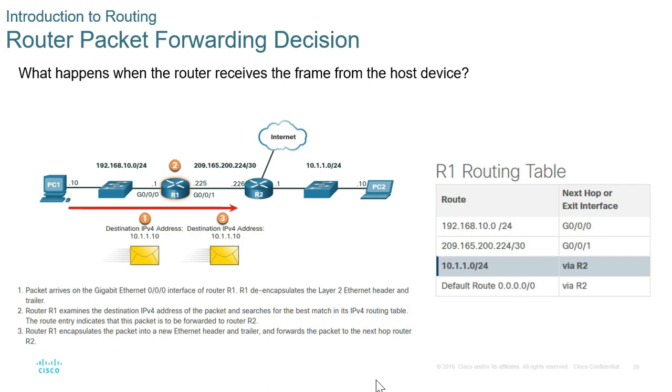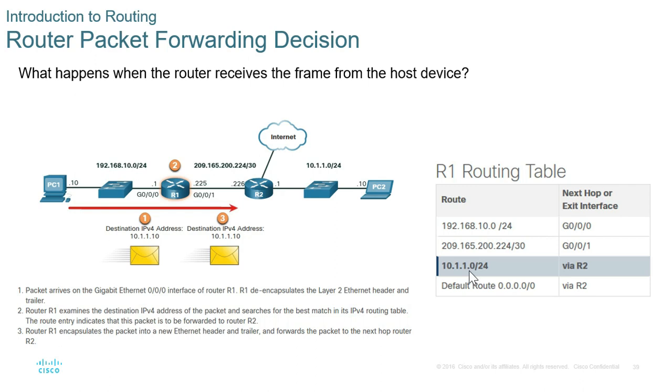Jadi dia perlu buat routing decision, dia tengok the destination network. So here example dia adalah the destination IP adalah 10.1.1.10. Okay, jadi dia tengok dalam dia punya routing table where is the 10.1.1.10 punya destination. Dia perlu dapatkan destination address lah, destination network.